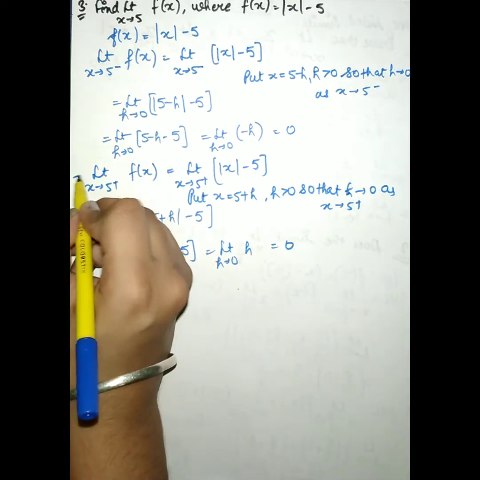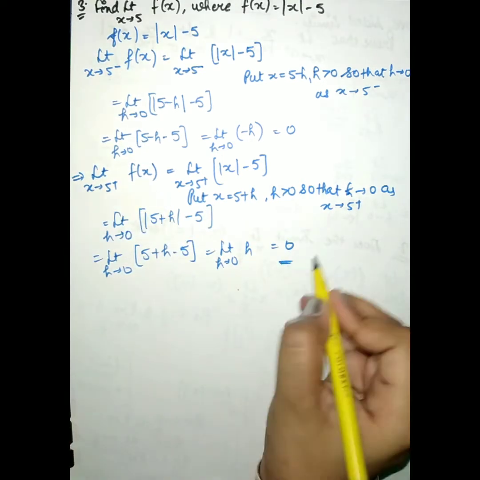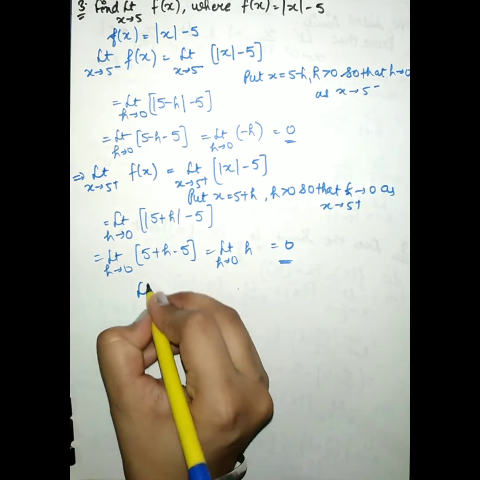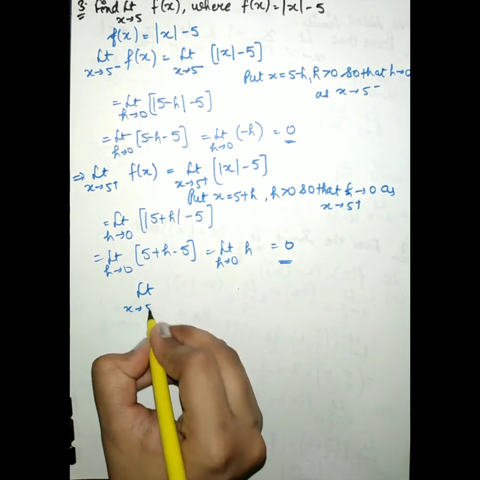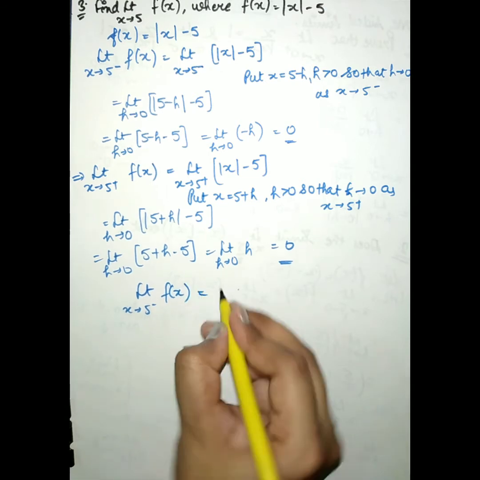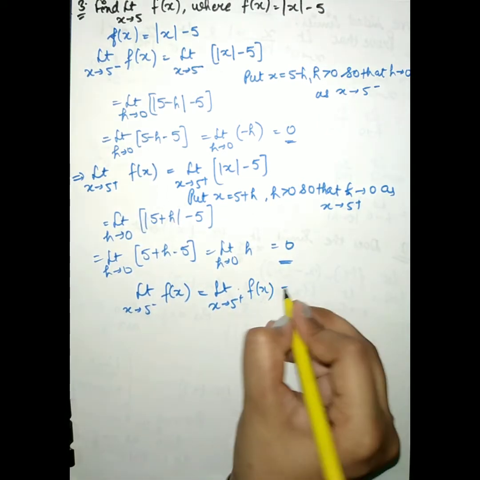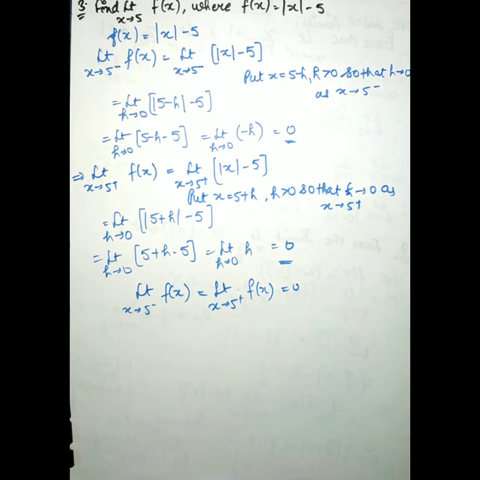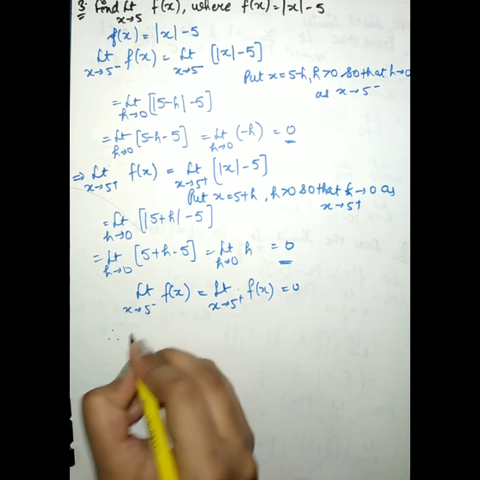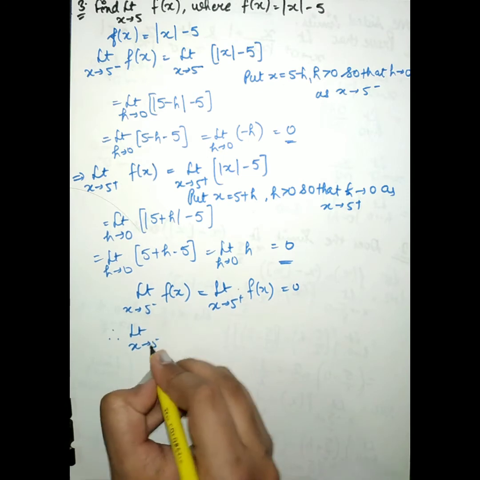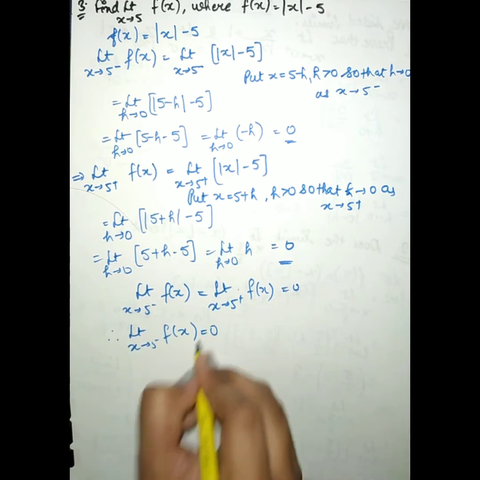So by this and this term and this term, limit x approaches to 5 negative f of x is equal to limit x approaches to 5 positive f of x is equal to 0. Therefore both the limits are equal, therefore limit x approaches to 5 f of x is 0.